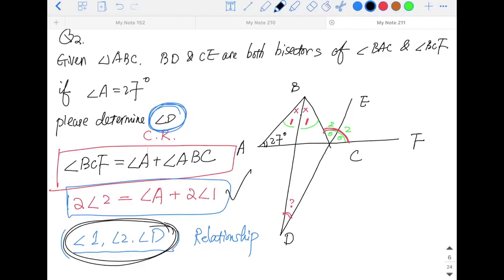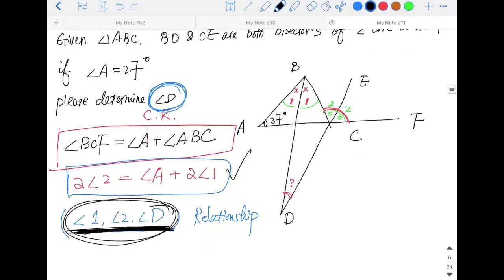Who can tell me what's the relationship between angle 1, angle 2, and angle D? Can you type it into the group chat? This is the thinking process. These are all easy problems, okay? We have difficult problems later, but from all these easy problems, you can extract the mathematical thinking which will be used for the difficult problems in the future.